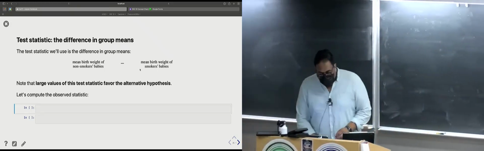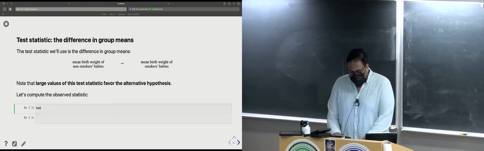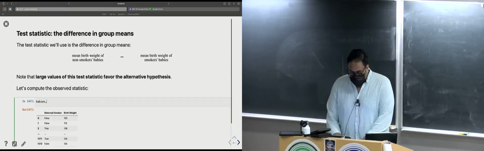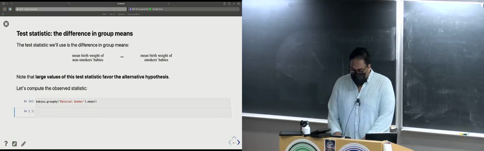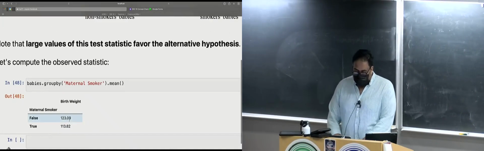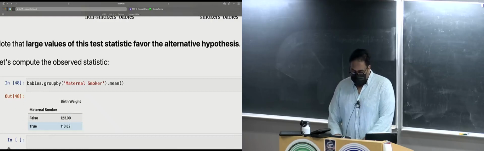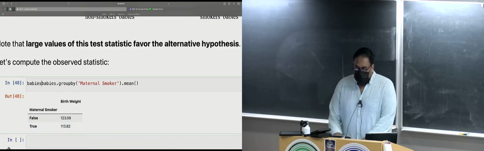So let's compute our observed test statistic. So remember, here's our data frame, babies. I can group by the maternal smoker column and use dot mean. And so now my observed statistic is this number minus this number. Just to keep it easy, I'll save this to a variable.